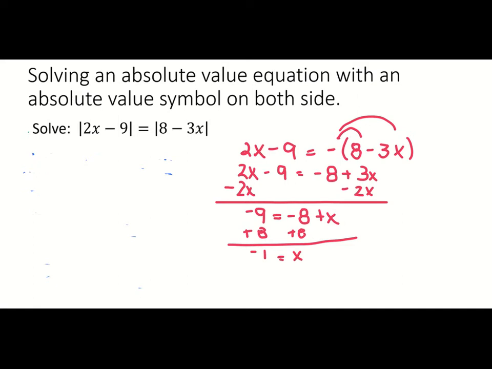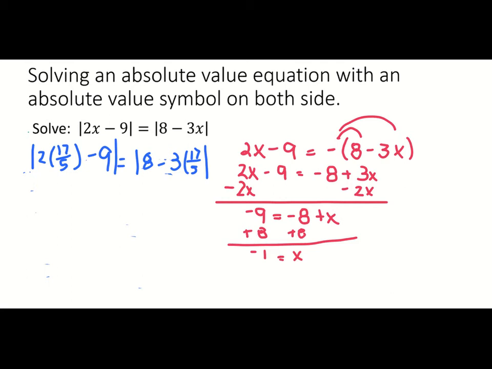Okay, so when I check it, our answer was 17 fifths. So we're going to do 2 times 17 fifths minus 9 and make sure that that is equal to 8 minus 3 times 17 fifths.